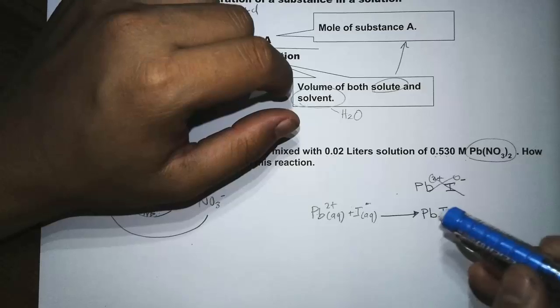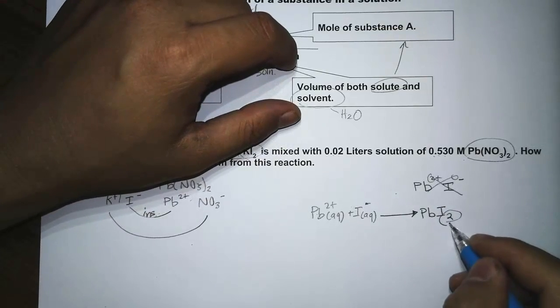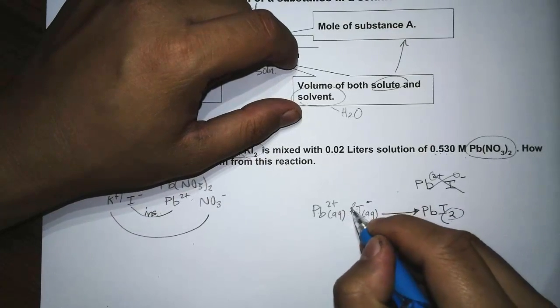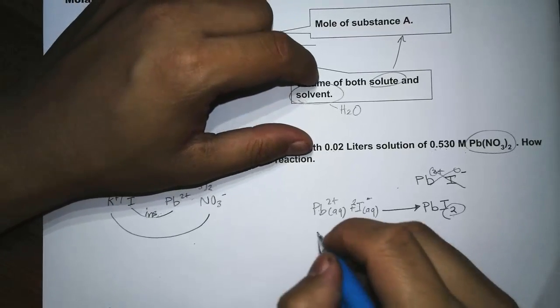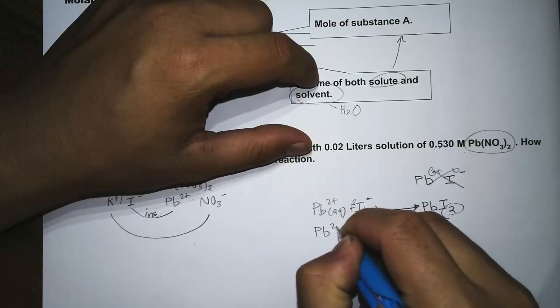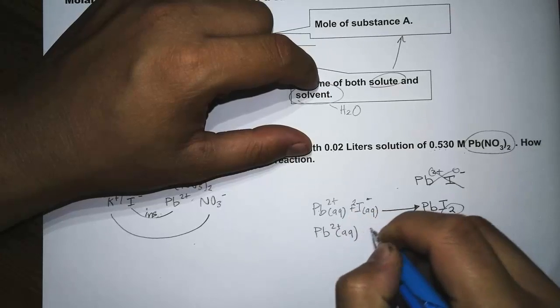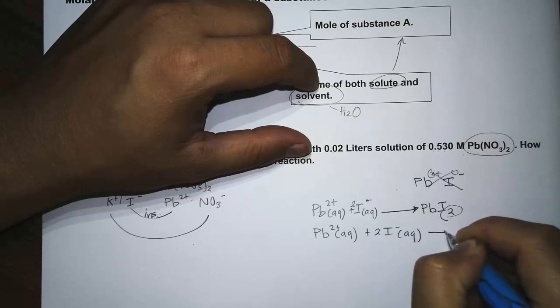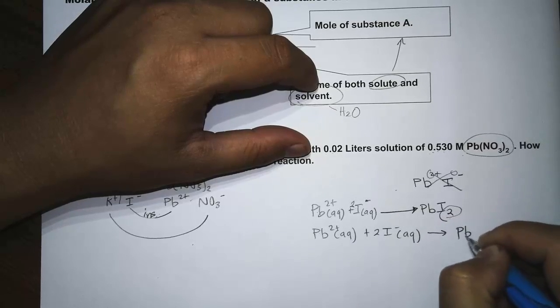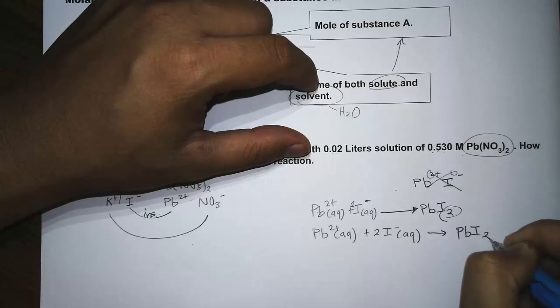Because we have 2 iodides here, we need to put a coefficient of 2 to balance the chemical equation. So let's make this even nicer. We rewrite this as Pb2+ (aq) plus 2 I- (aq), and that produces the precipitate that we are going to measure.